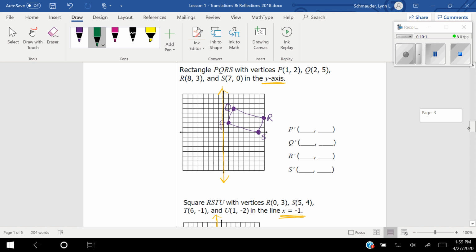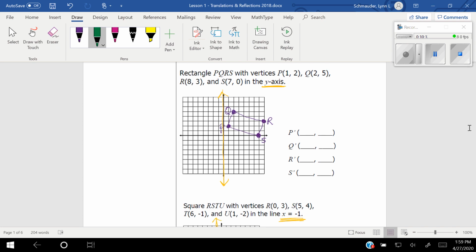Okay, what do we have next? Rectangle PQRS with those vertices, and we're reflecting in the y-axis this time. Okay, got that all drawn in here. And so let's see, we basically just got to count how many units away from the line of reflection each point is. So that means, let's see, that's 2.